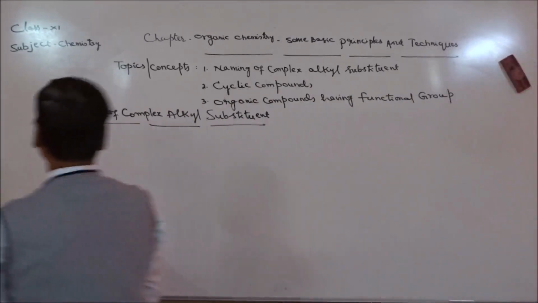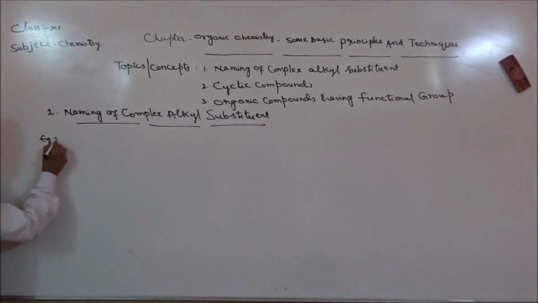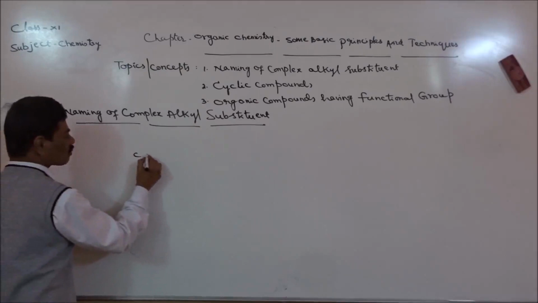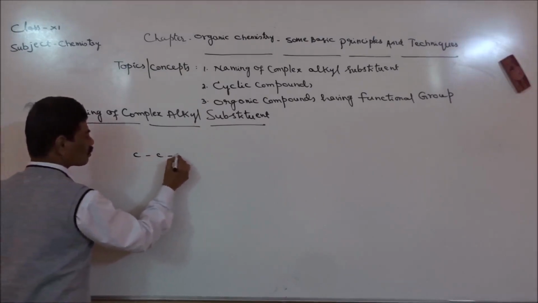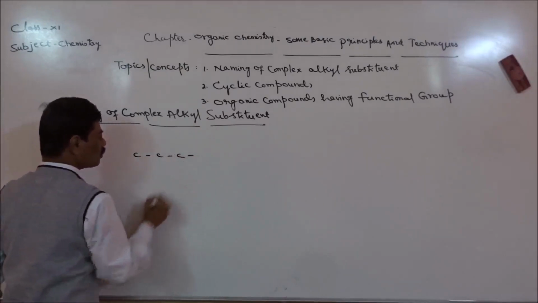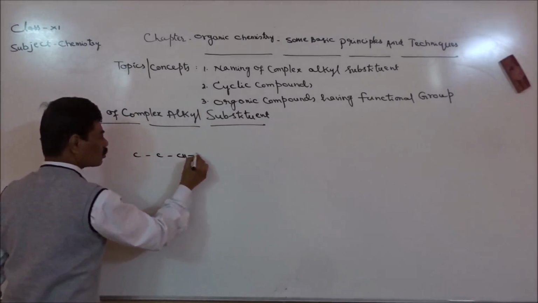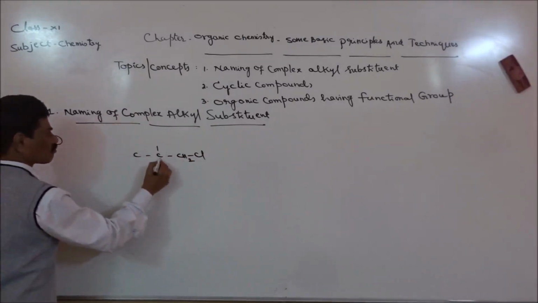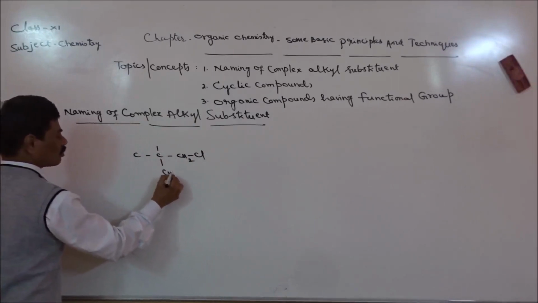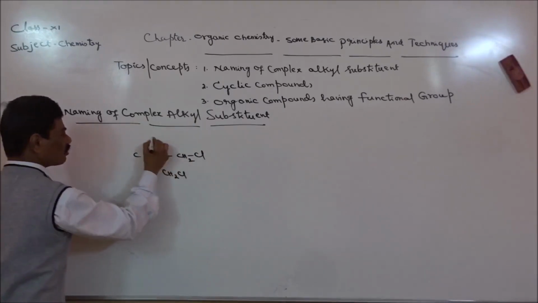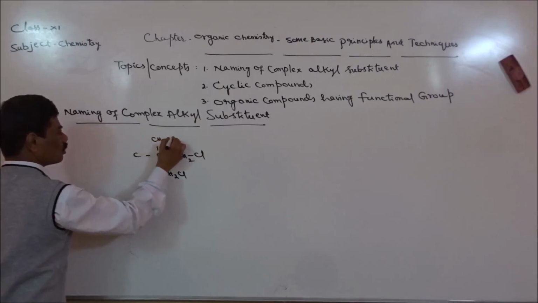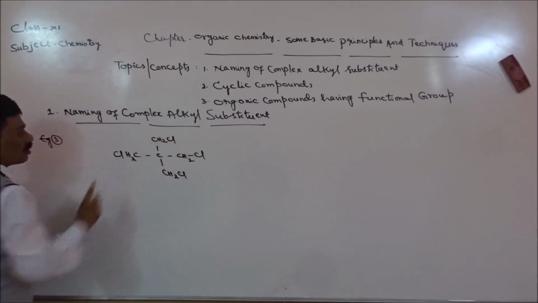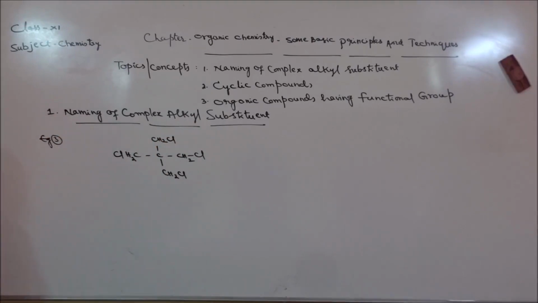Now, let us see example 3. And that example 3 is this compound: CH2Cl, CH2, Cl, CH2, Cl, and here CH2, Cl. This is that compound.